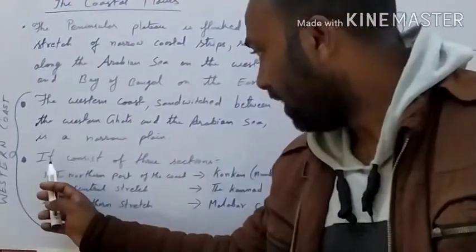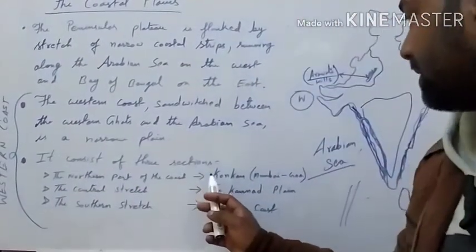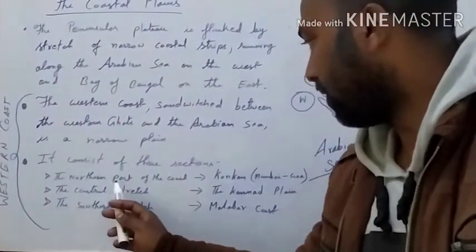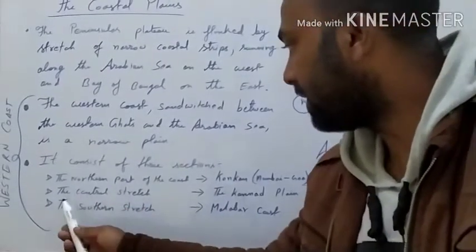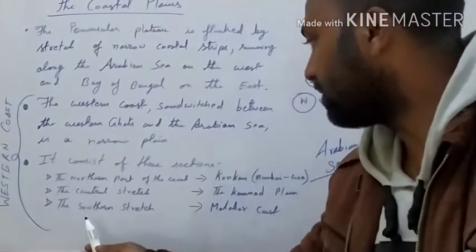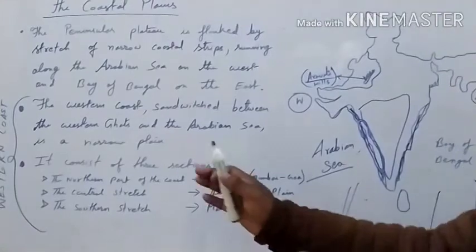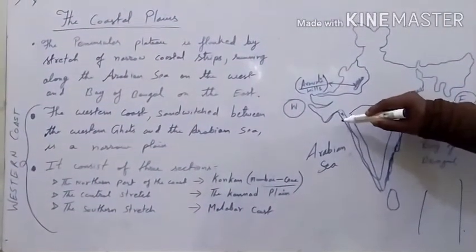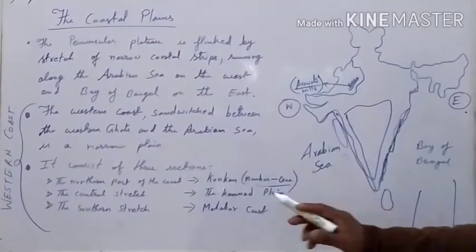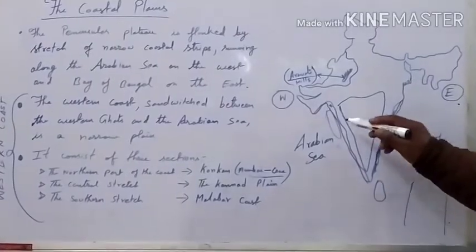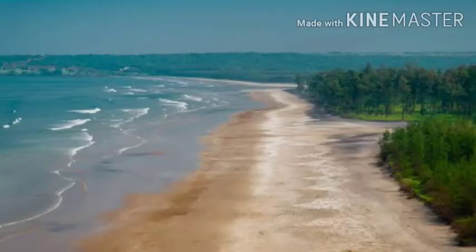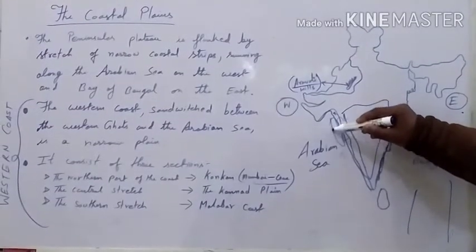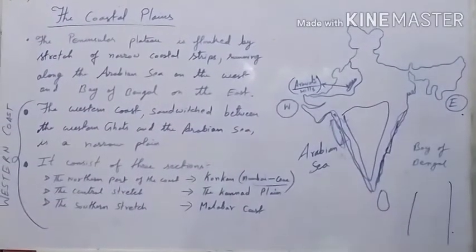Now it consists of three sections. The first one is the northern part, the second one is the central stretch, and the third one is the southern stretch. Let us understand this. The northern one is your Konkan coast, which starts from Mumbai of Maharashtra and goes to Goa. That means from Mumbai of Maharashtra to Goa, this whole region is your Konkan coast.